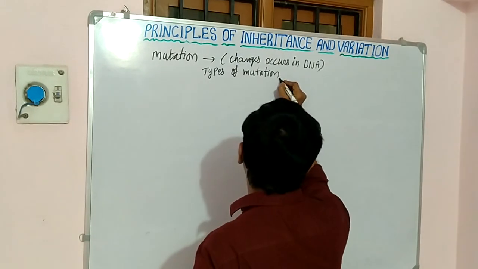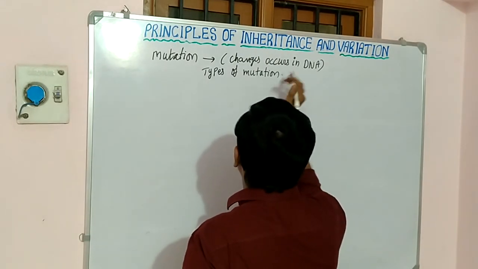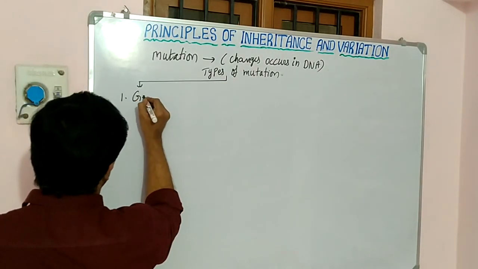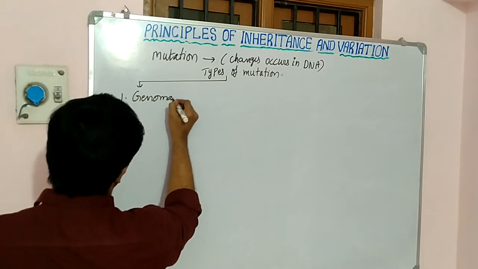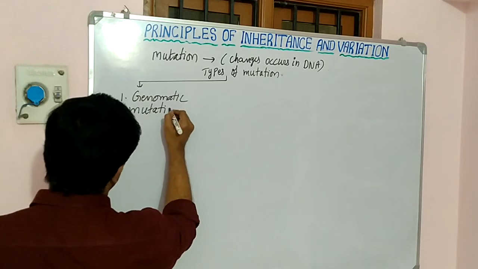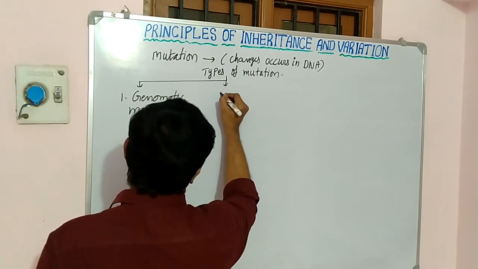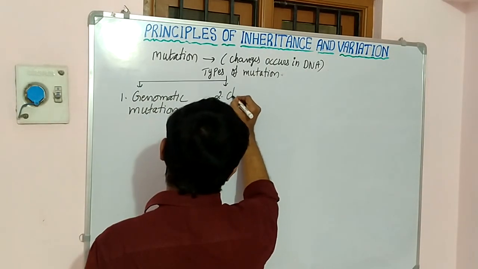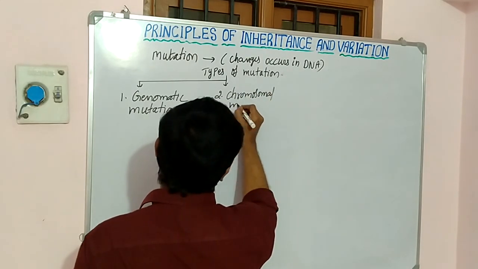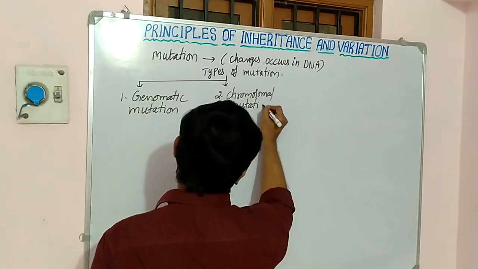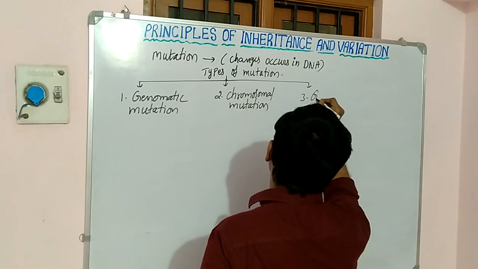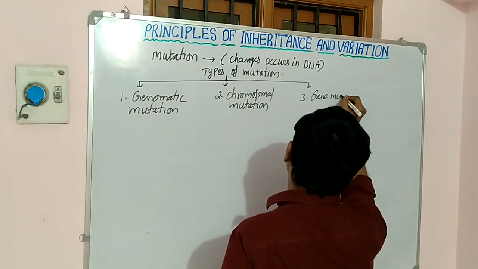First one is called genomic mutation. Second one is called chromosomal mutation. And third one is called gene mutation.